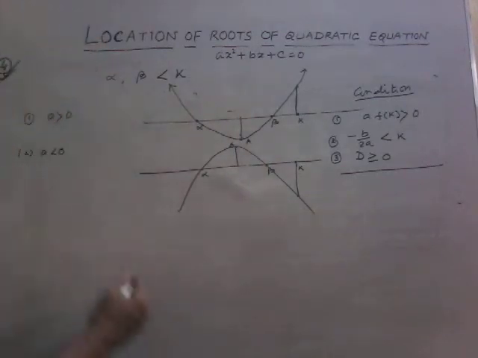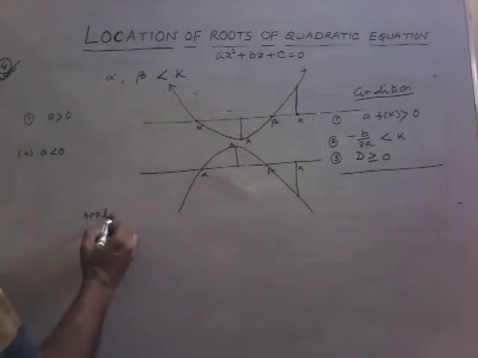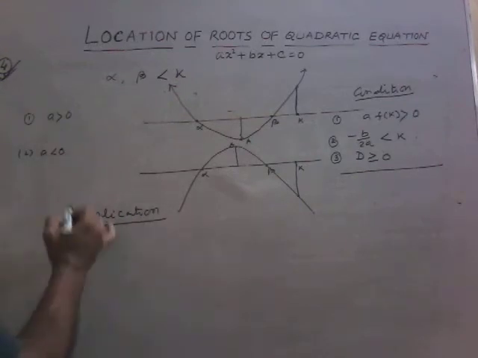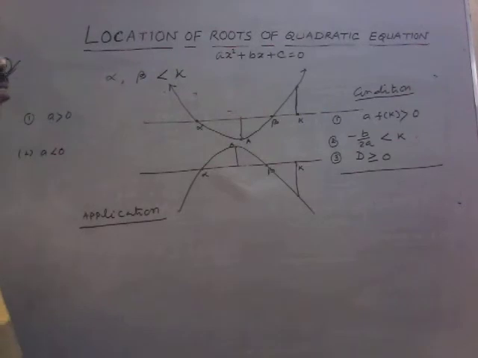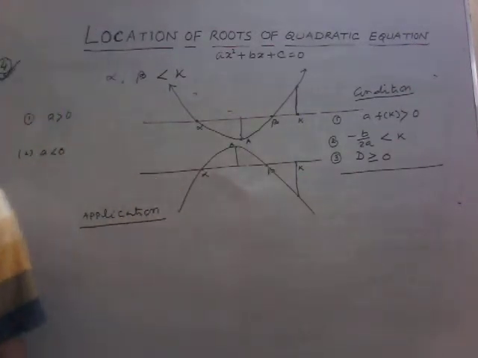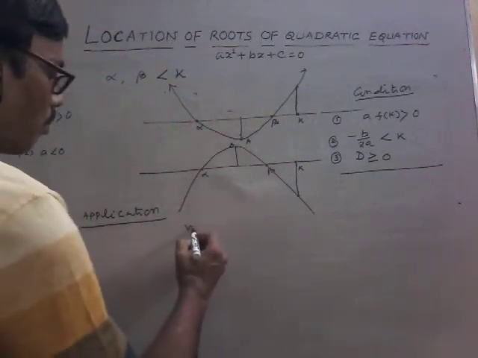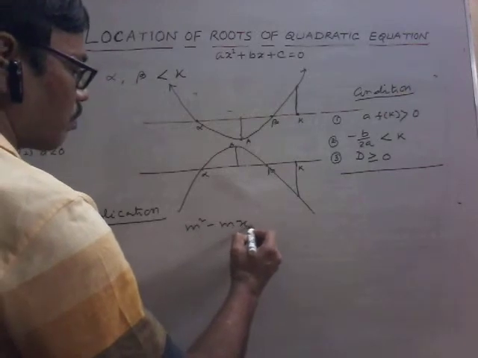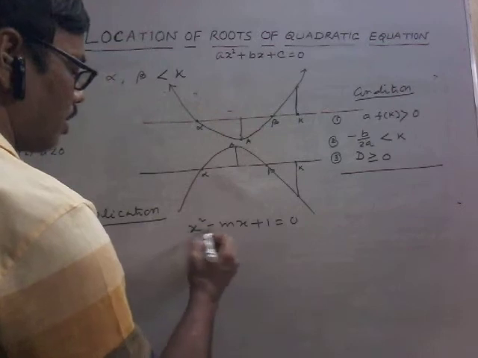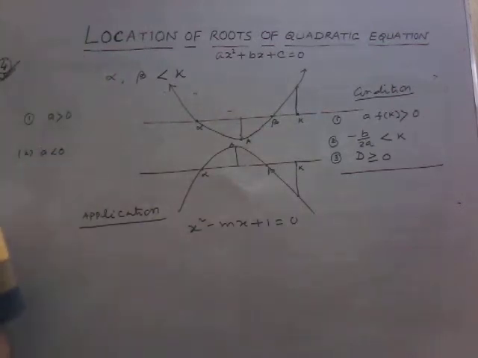Now application. Both the roots are less than K. x square minus mx plus 1 equals to 0.